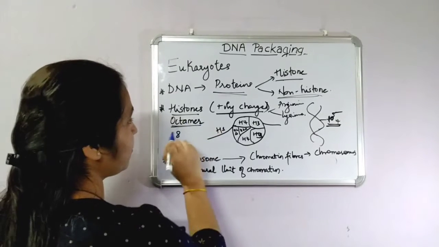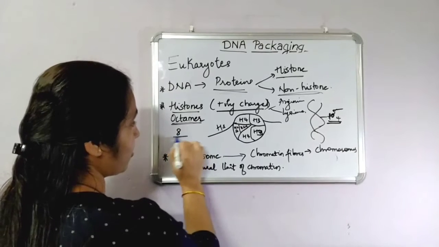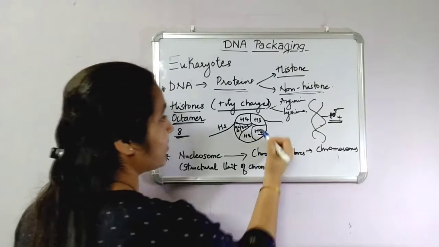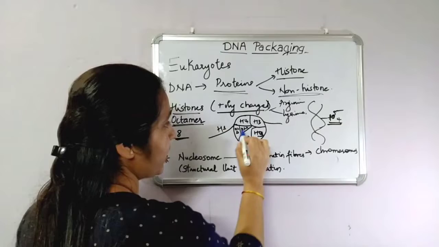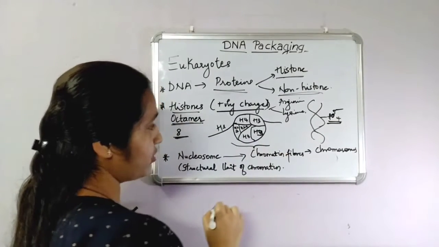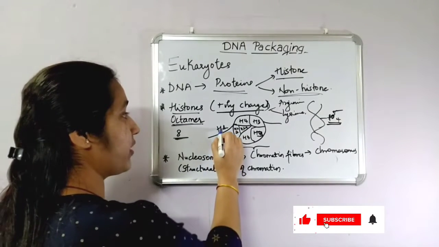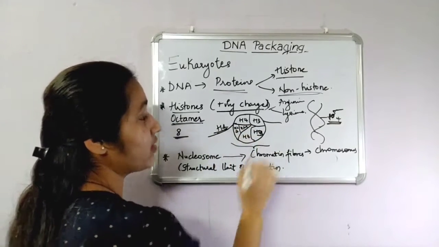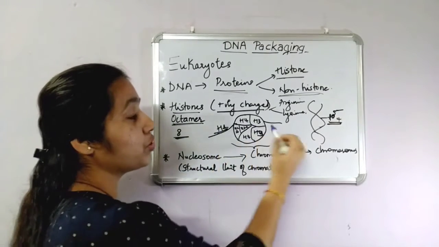The histones are organized into a structure of 8 molecules and therefore called an octamer: H3, H3, H4, H4, H2A and H2B. This is called the core histone. There is another histone, H1, which is located outside in the linker DNA region. The role of H1 is to connect two nucleosomes.